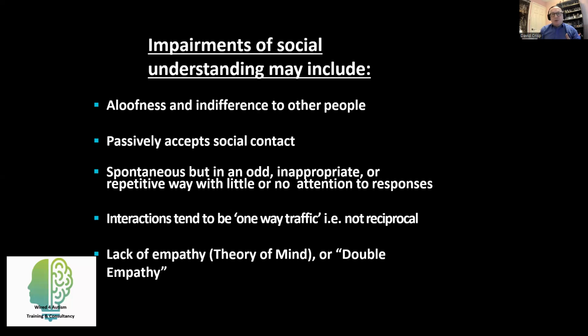And some autistic people lack empathy, the theory of mind, or others have double empathy, more empathy than most people, and their social disability, as it were, is how other people struggle to understand them rather than simply them struggling to understand and get into the mindset of a neurotypical person.